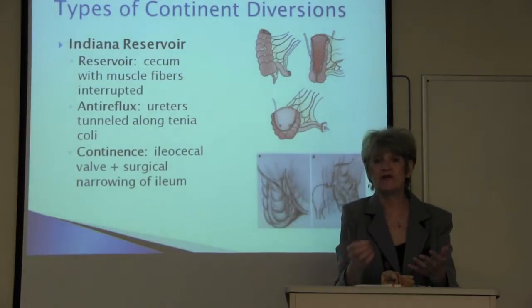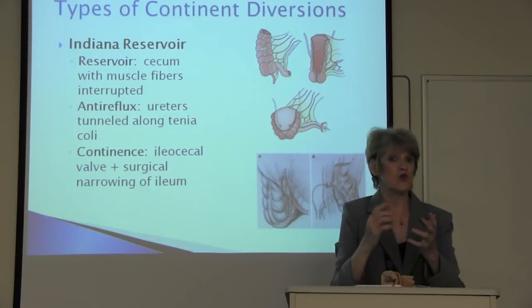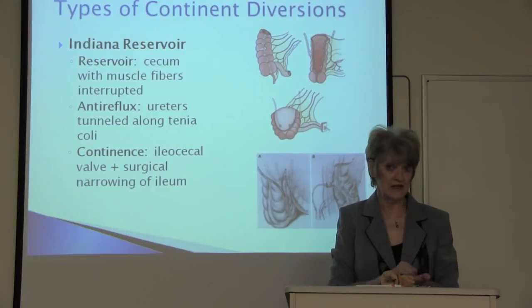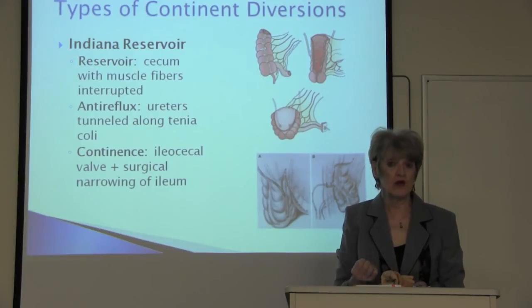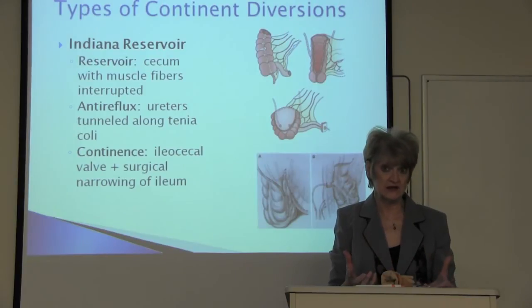In so doing, they've interrupted the muscle fibers and they've eliminated contractility. So they've turned it into a passive reservoir. So what's the reservoir in the Indiana pouch? The cecum with muscle fibers interrupted to create a non-contractile reservoir.